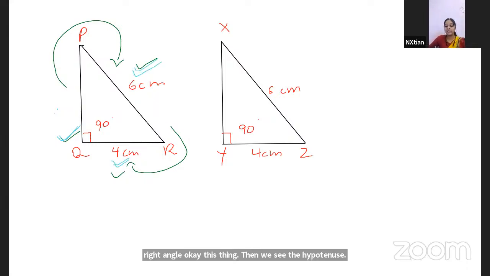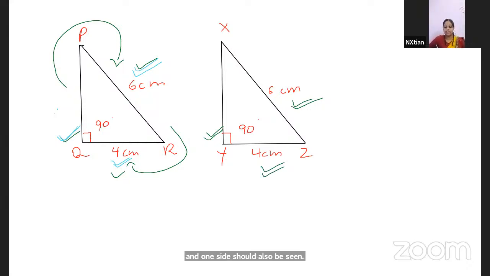Three things we see. So all these three things should be equal in both the triangles. It should be a right angle, then the same hypotenuse, and one side should also be the same, so that we can say the triangles are congruent by the right angle hypotenuse side rule, by the RHS rule.